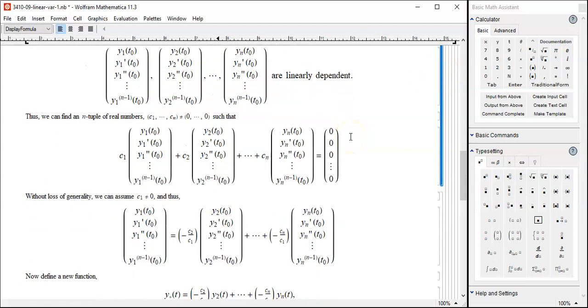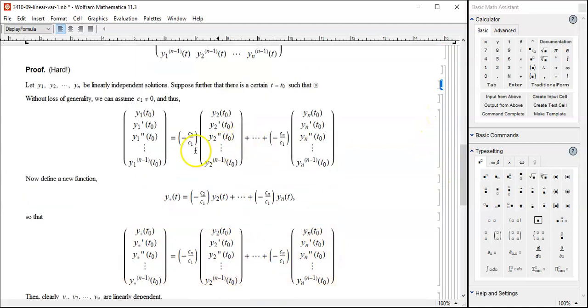Here we go, divide by C1. Maybe it was a bit premature. From here, divide by C1, and then solve for this column vector. And this is what we get: negative C2 over C1 times this, plus negative C3 over C1 times the next column vector, and so on. C1s are in the denominator, and it's okay.